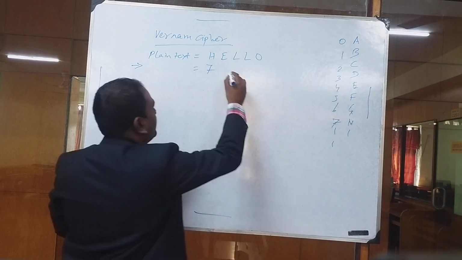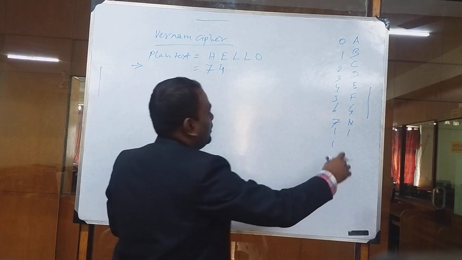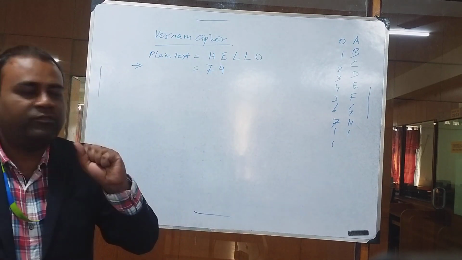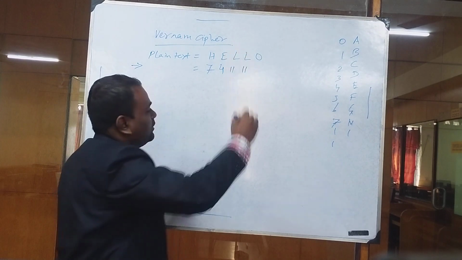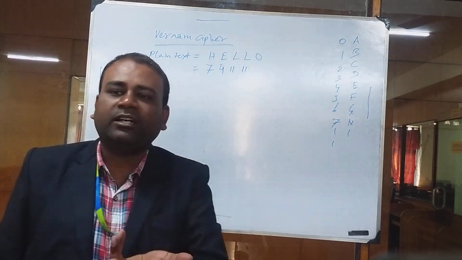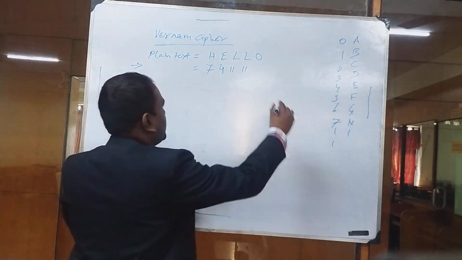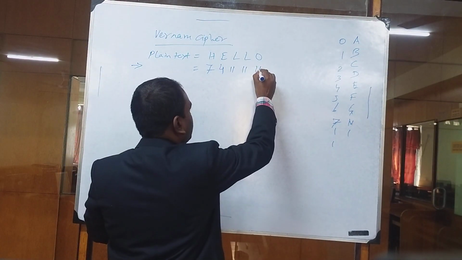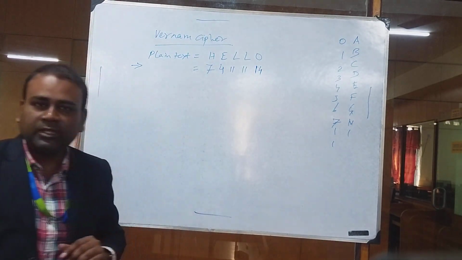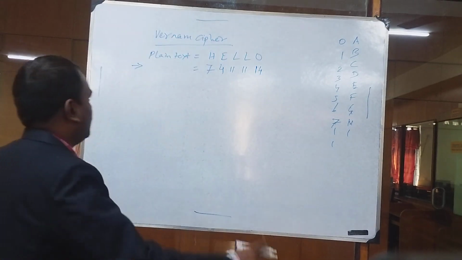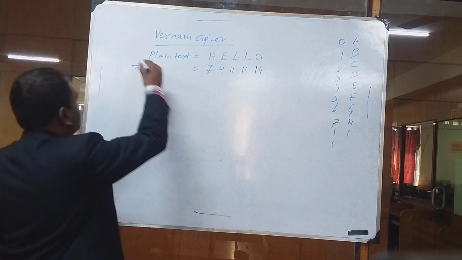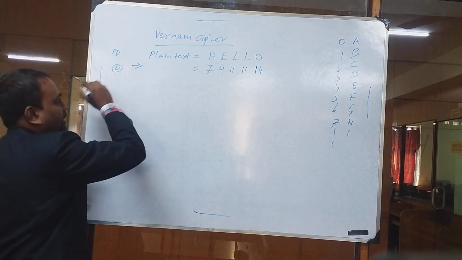E will be 4. L will be 11. Again L will be 11, and with the same conversion, O will be 14. So this is the number conversion of the plain text message. This is the first step, this is the second step.